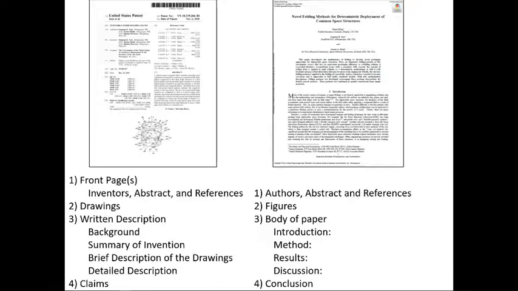You're going to have figures that are similar to drawings. Then you're going to have a body of your paper that usually has the IMRAD approach to things: an introduction, a method, results, and discussion. These all kind of match up with the written description part of a patent publication.